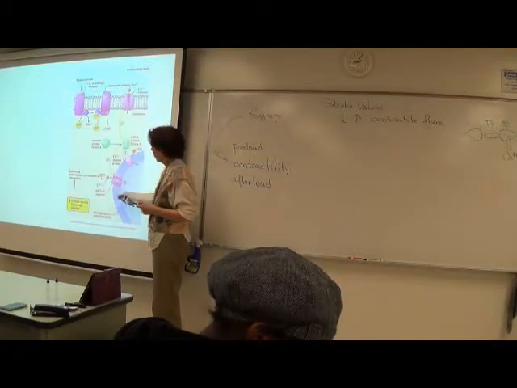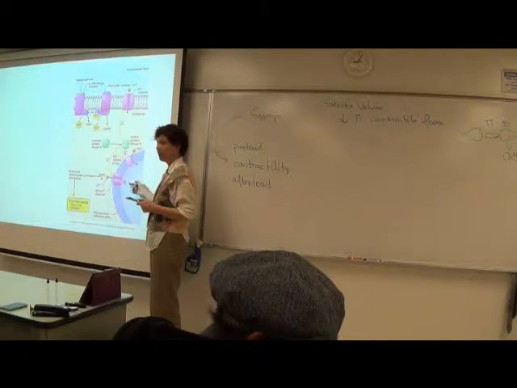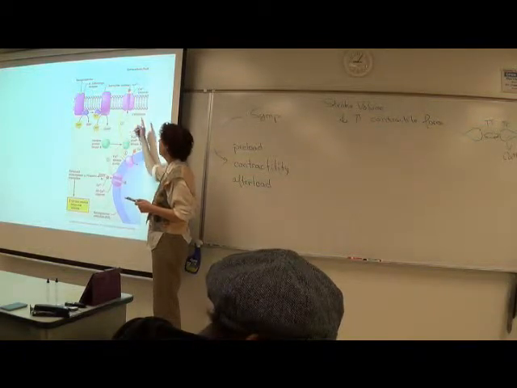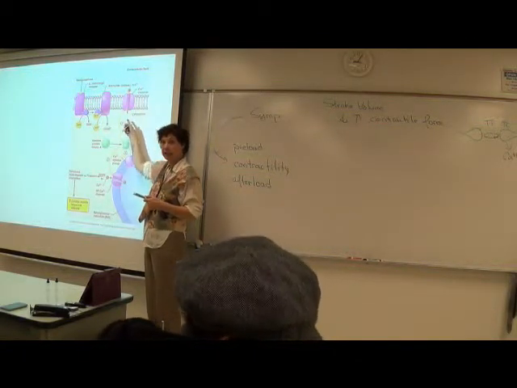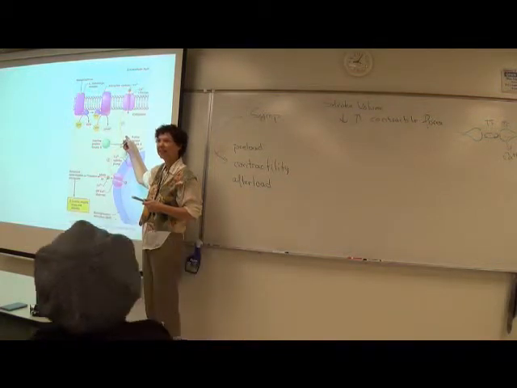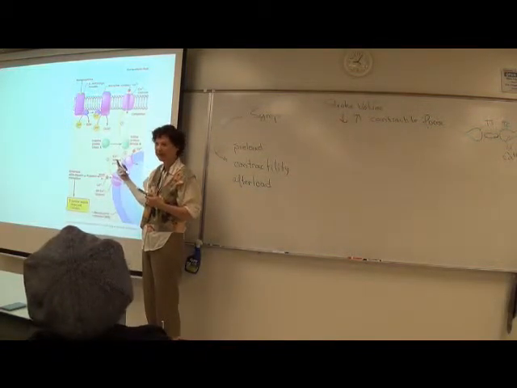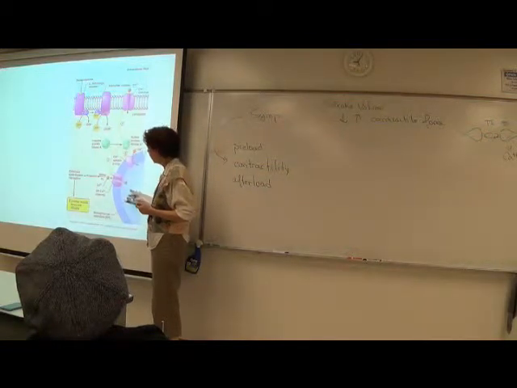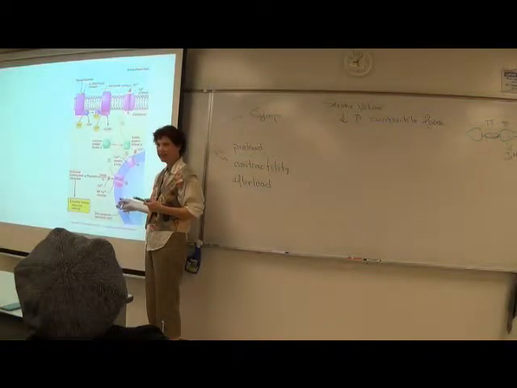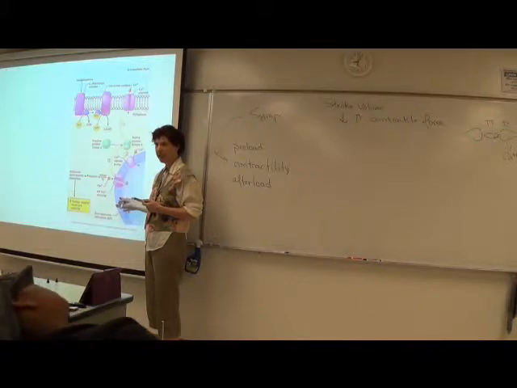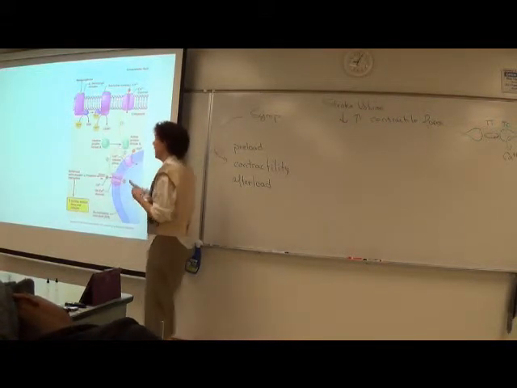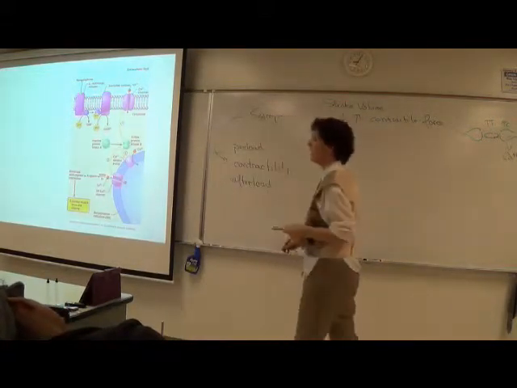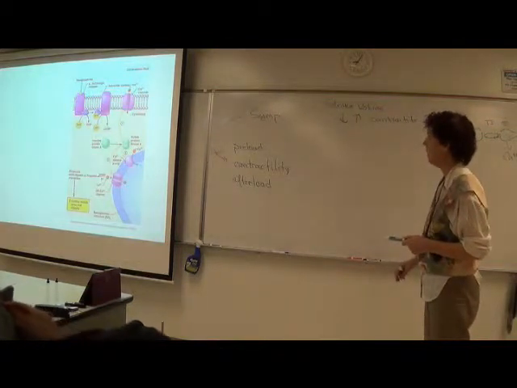The calcium that's stored in the sarcoplasmic reticulum is released in response to extracellular calcium coming into the cell. It's kind of like priming the pump. So the more extracellular calcium that comes into the cell, the more intracellular calcium is released. All right, so whatever factors increase that is going to increase internal amounts of calcium.